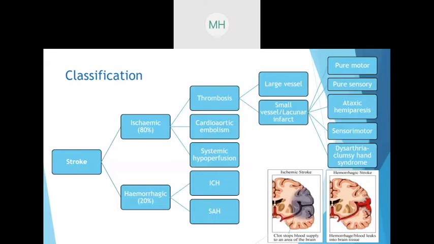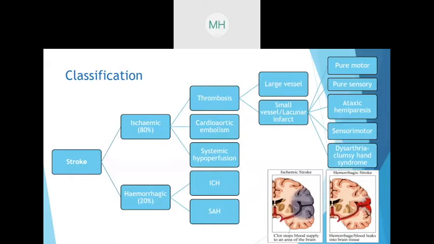Next is ataxic hemiparesis, meaning the patient comes with ataxia concurrently with hemiparesis. Sensorimotor means mixed motor and sensory. Dysarthria clumsy hand syndrome is when the patient comes with dysarthria and mild weakness and clumsiness of the hand of one limb. The most common is of course pure motor.